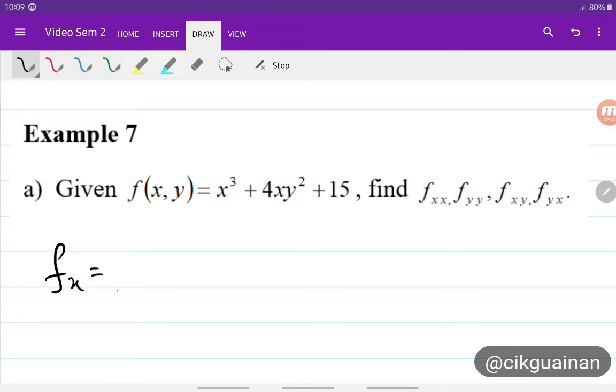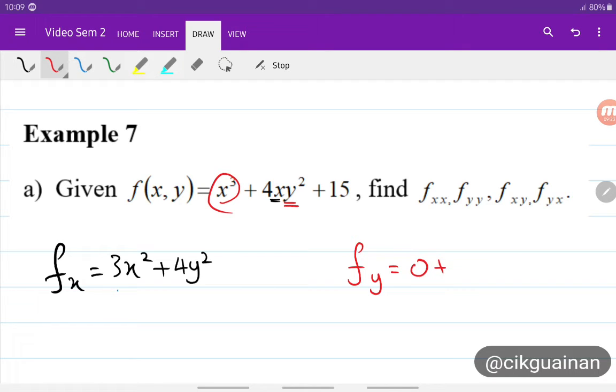So this one is 3x² plus 4y², because the variable is x, and then plus 15 is 0. Then we find f sub y. This becomes 0 plus 8xy, and then 0.